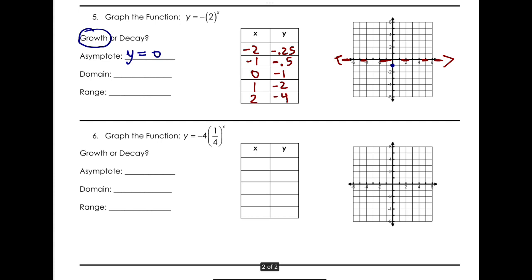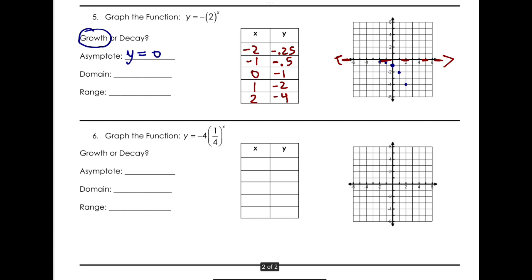We have 1 and -2, which will be right here. 2 and -4, which is there. And then we have -1 and -0.5. Remember, that's in between -1 and 0, so that'd be right off in here. And then the next one is -2 and -0.25, which is getting closer to 0, so it's right there.